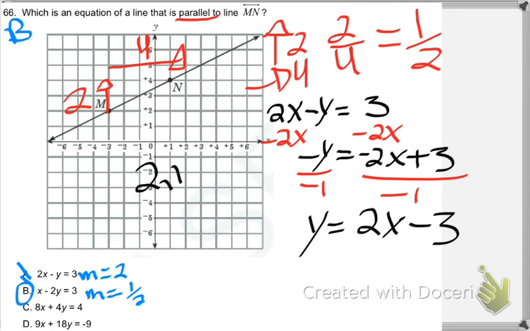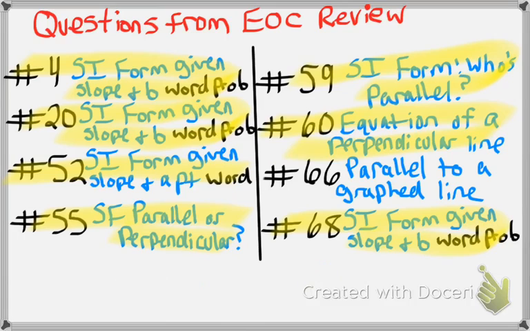Alright guys, so we've now talked about interpreting word problems, this is number 66 by the way, in slope-intercept form and how to know when it's slope-intercept form. We've talked about how to check for parallel and perpendicular. We've talked about, I'm going to say it one more time, really interpreting what that slope is. It's the rate, it's something changing, and how to interpret that and use that in questions.